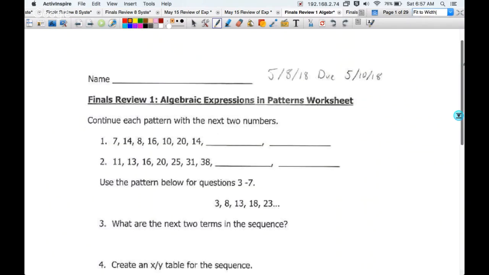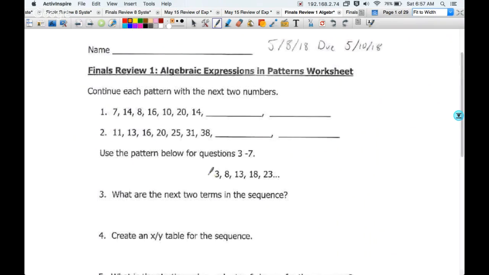All right, continue each pattern with the next two numbers. So first we want to see if it's an adding pattern or a subtracting pattern. So we're just going to write what we're adding by. Right here, I'm adding by 7. But then here I subtract 6.